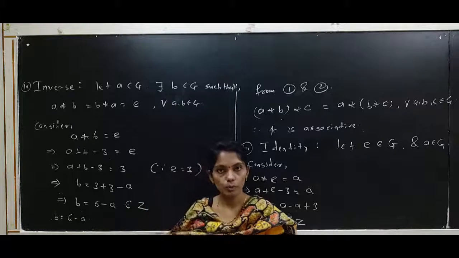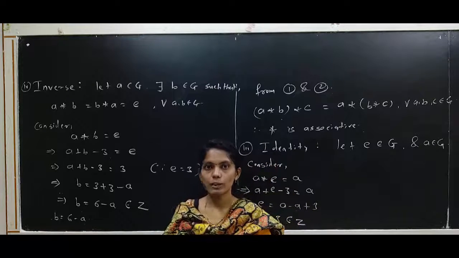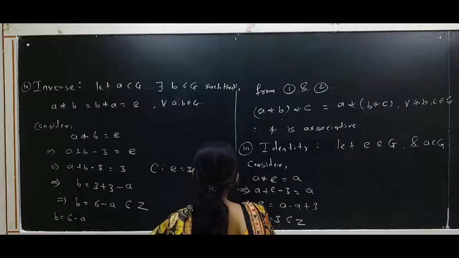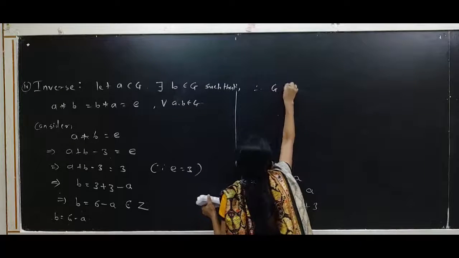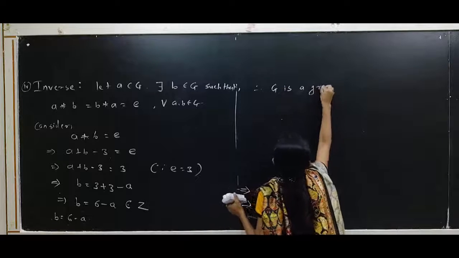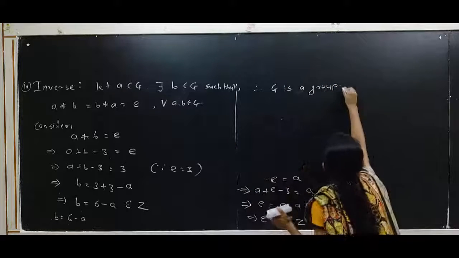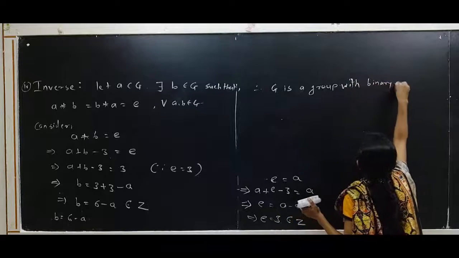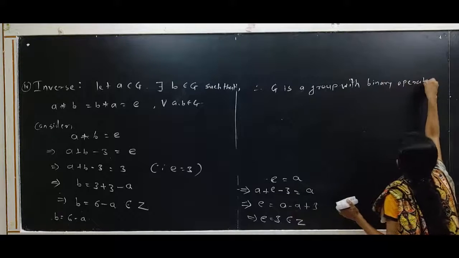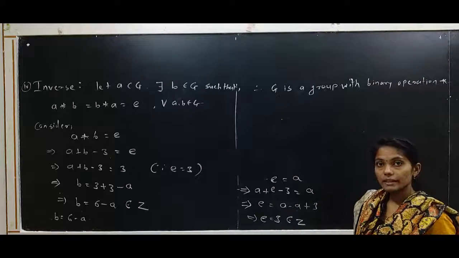So from these 4 properties G is a group with respect to the binary operation star. Therefore G is a group with binary operation star. Okay, get it?